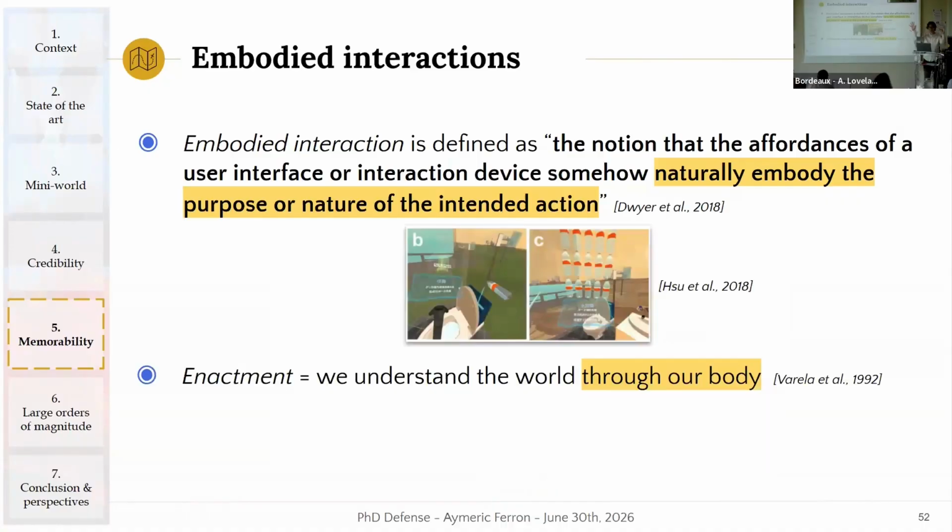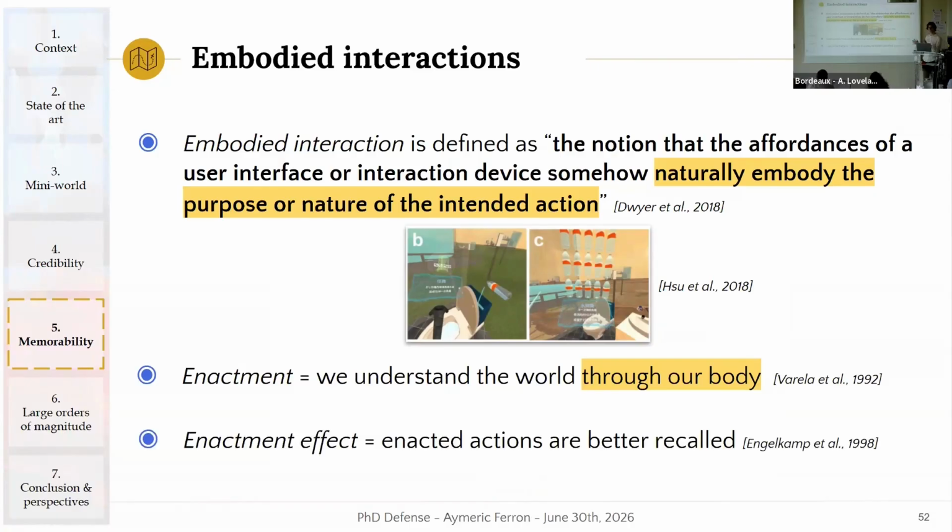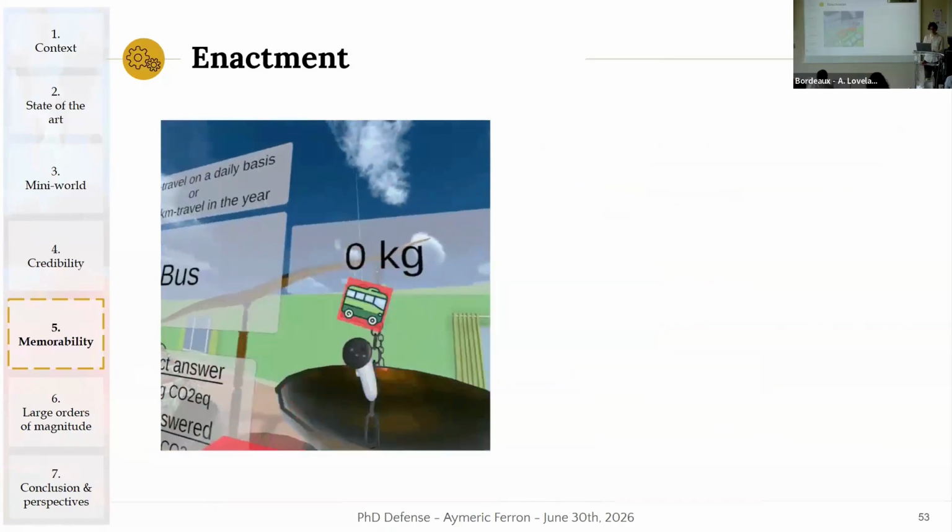In the broad embodied cognition theory, there is the enactment theory. According to it, we understand the world through our body. And there is the so-called enactment effect, saying that enacted actions are better recalled than simple sentences. So we are interested in seeing if enacted interaction could maybe improve memorability.